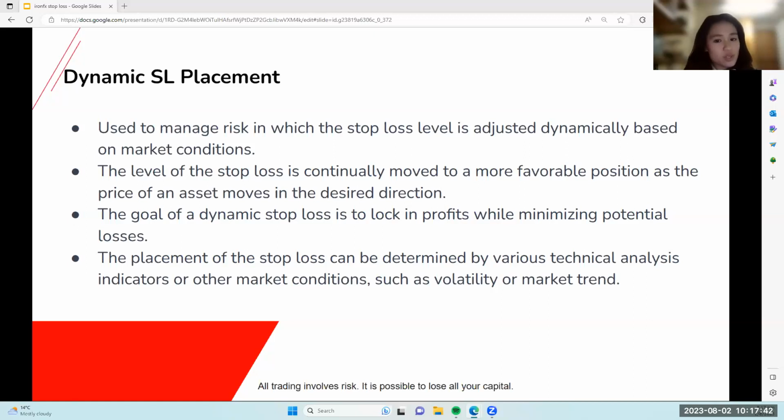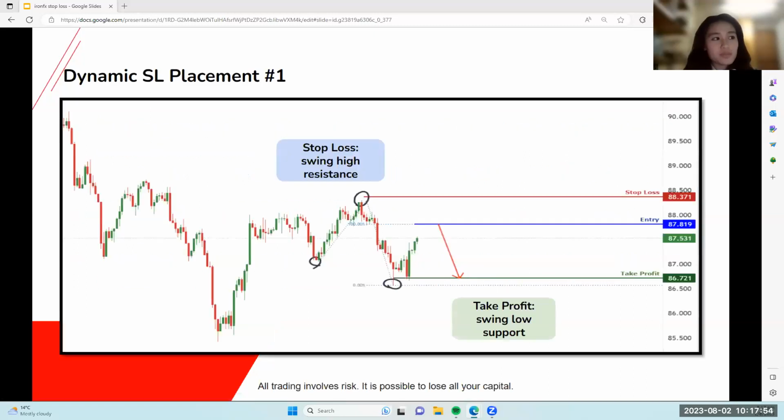The placement of the stop loss can be determined by various technical analysis indicators or other market conditions, such as volatility or market trend. So here is our first example, to demonstrate dynamic stop loss.